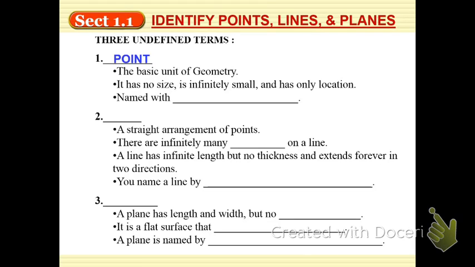That's what a point is. You name a point with a capital letter. Okay, so for example, if I had this point here, I can call it A, capital letter A. That would be point A. Name a point with a capital letter.